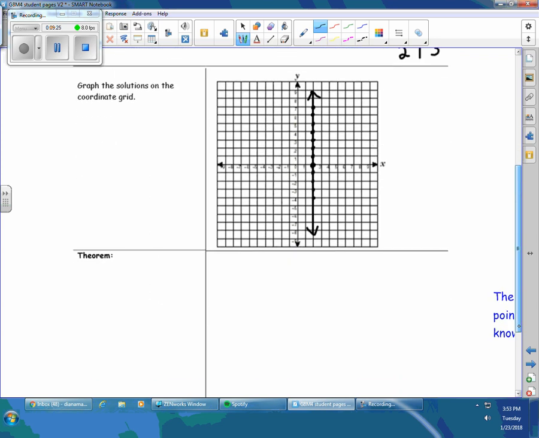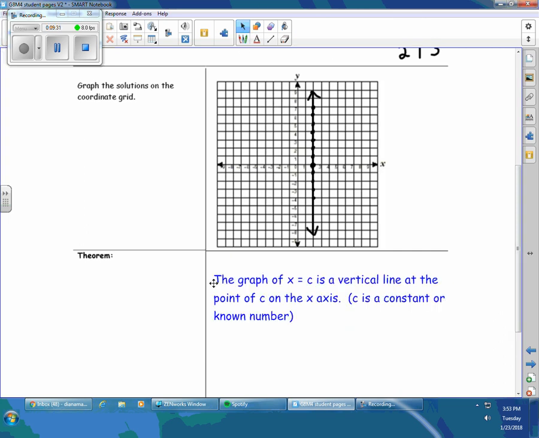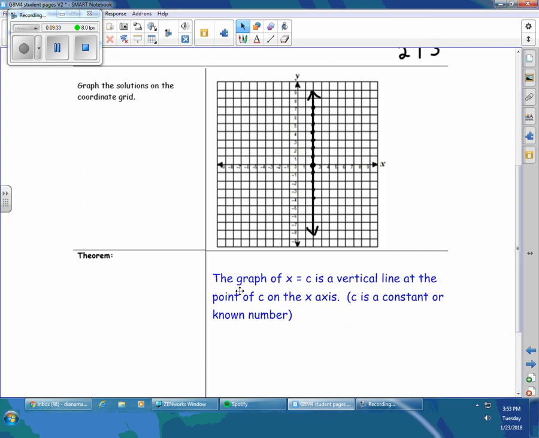Okay, so let's talk about the theorem, or the rule here. The graph of x equals c is a vertical line at the point of c on the x-axis. What does that mean? C is a constant, or a known number. In this example, our constant is 2.